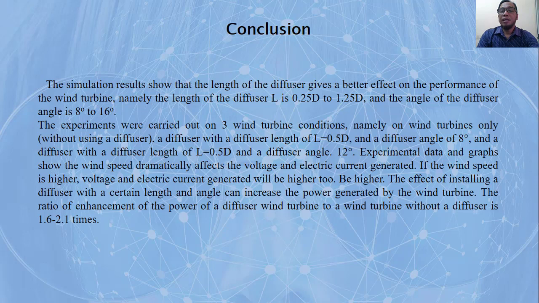The effect of installing a diffuser with a certain length and angle can increase the power generated by the wind turbine. The ratio of enhancement of the power of the diffuser wind turbine to the wind turbine without a diffuser is 1.6 to 2.1 times.